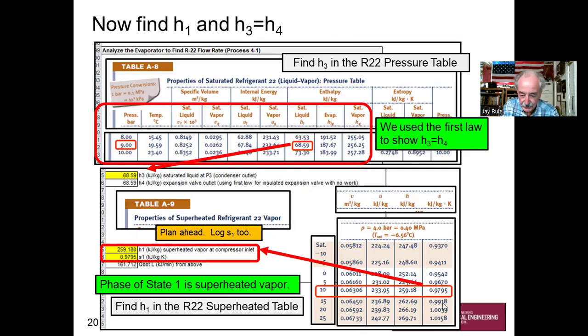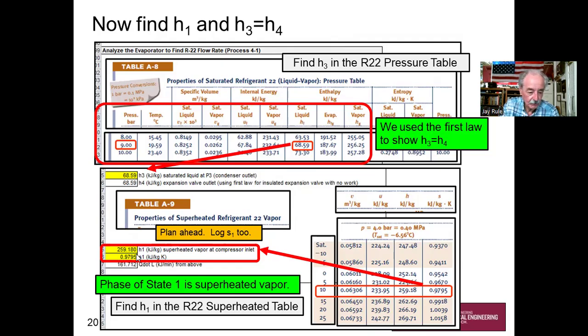So let's also write down S1, now that we're looking at it with our eyes, 0.9795 kilojoules per kilogram degree K in our solution, because we're going to need S1. So we're planning ahead. We're writing down S1 as well as H1.